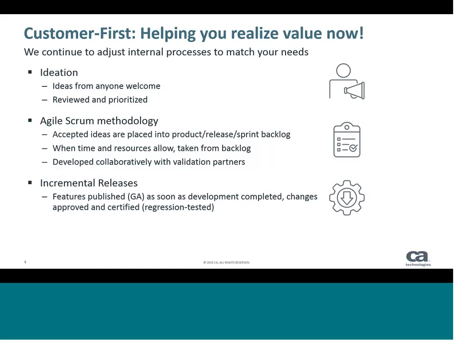And then, as the time and resources allow, based on priority, we'll take it from the backlog and then begin developing, working with our collaboration partners and validation partners to deliver the features. And that's where we get to the incremental releases, where features are published as soon as they're completed. And completed means regression tested, certified, they're GA, and our validation partners have said they're ready to go.